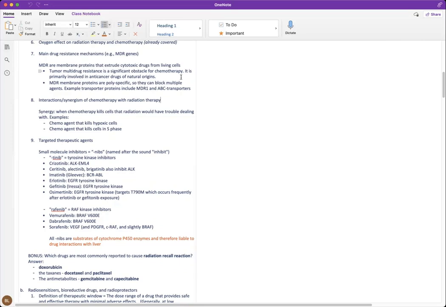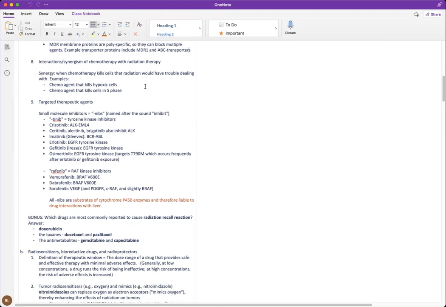You're giving something, it's working, but then this stupid MDR protein comes into play and starts kicking out the chemo that you're trying to use. Very annoying. They are polyspecific, so they can block multiple agents. They might be transporter proteins like MDR1 or ABC transporters.